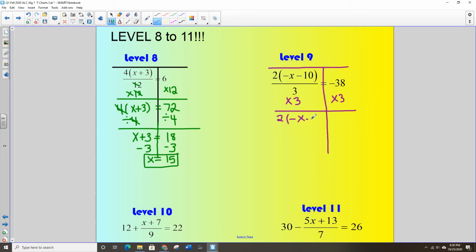And that 3 will be gone. And you tell us what's negative 38 times 3. Hopefully you said negative 114.